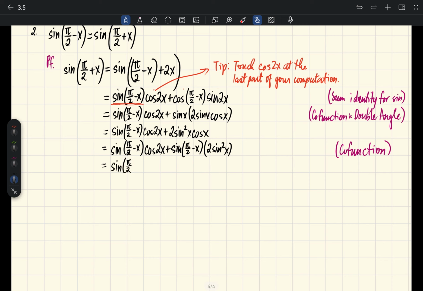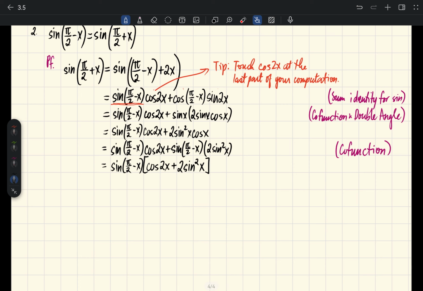We have sine of pi over 2 minus x multiplied by, in the first term, what's left is cosine of 2x. So you have cosine of 2x. Then for the second term, what's left is 2 times sine squared x. So plus 2 times sine squared x.